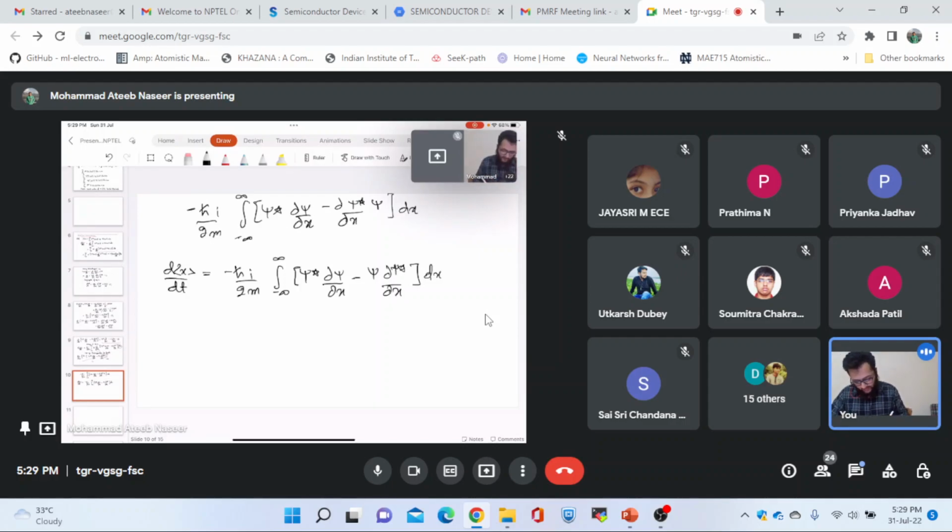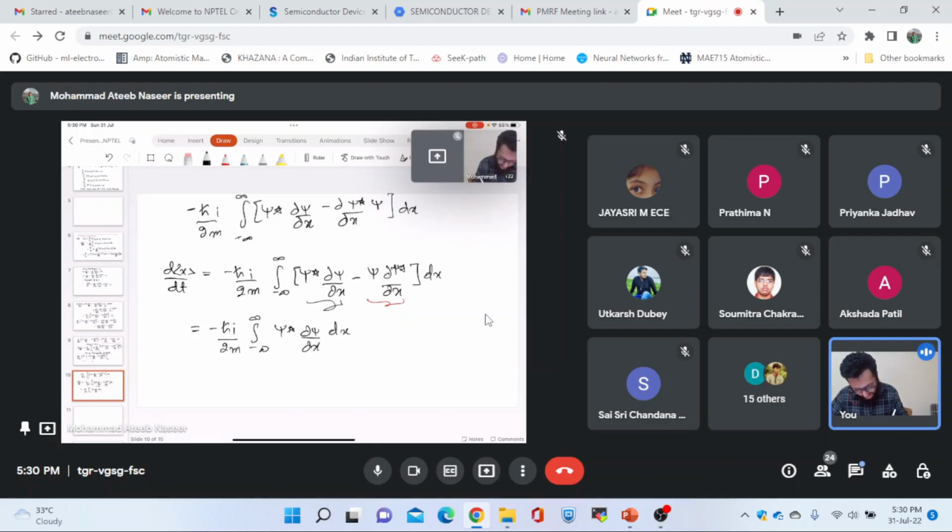Now let me do another manipulation and keep this as it is and go towards the second term of this expression, and we will simply see that we will be getting minus iota h bar by 2m. Let us keep it as it is, psi star d psi by dx integrated over dx, and integrate this second part by using the integration by parts.